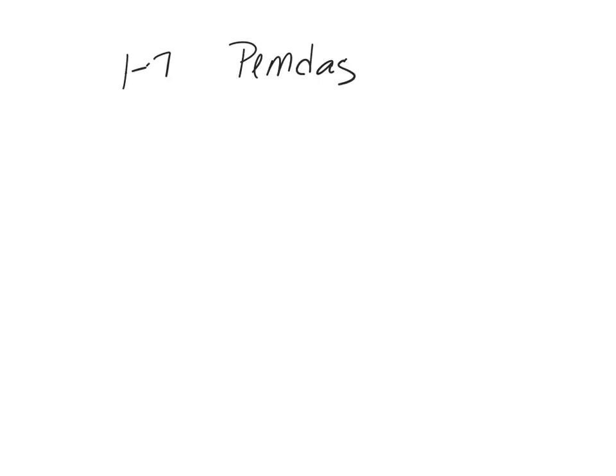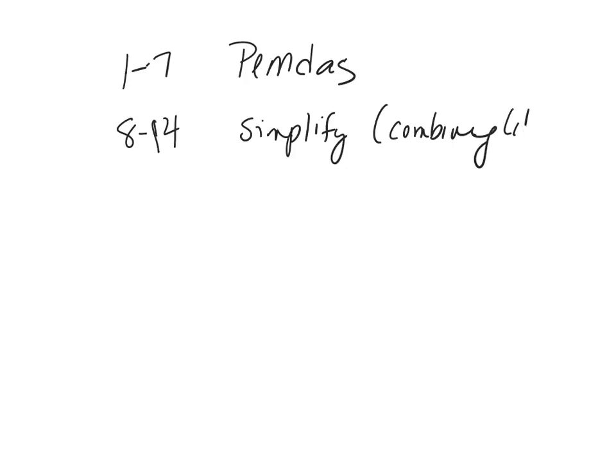And then numbers 8 through 14 is simplifying. And it's combining like terms, okay? So make sure you know how to do that because you've got to do quite a few of those.